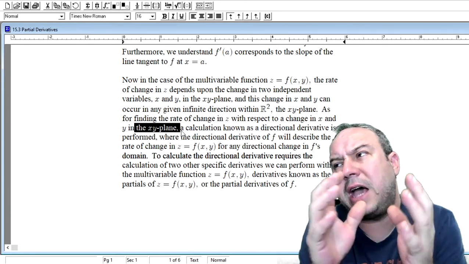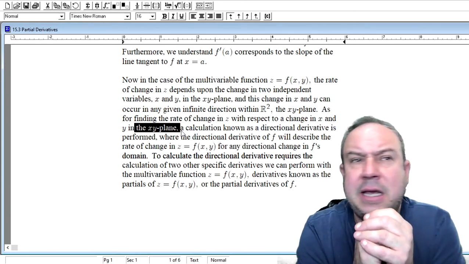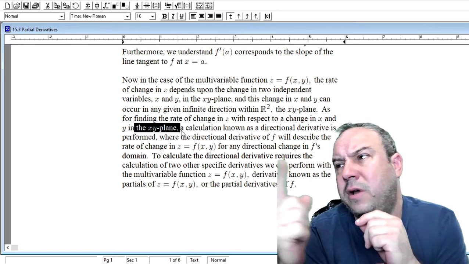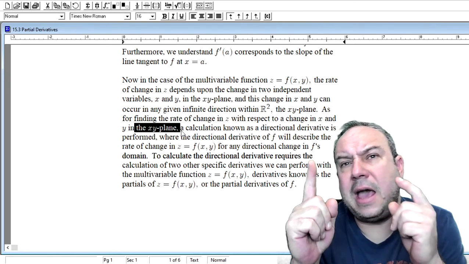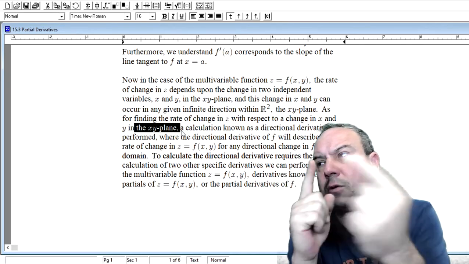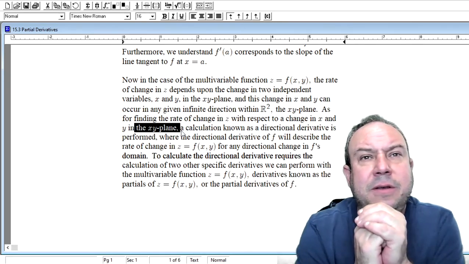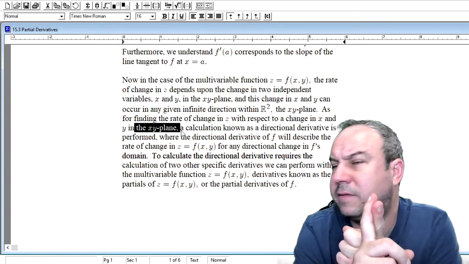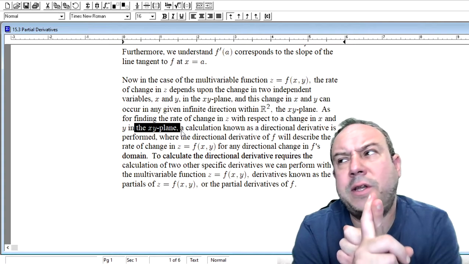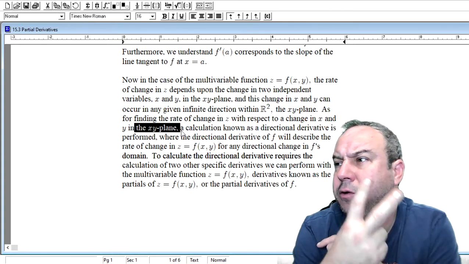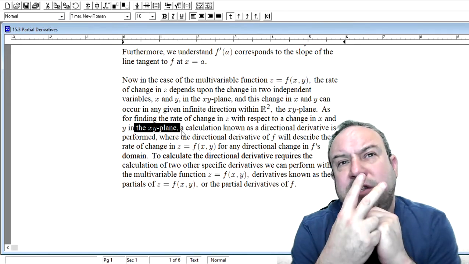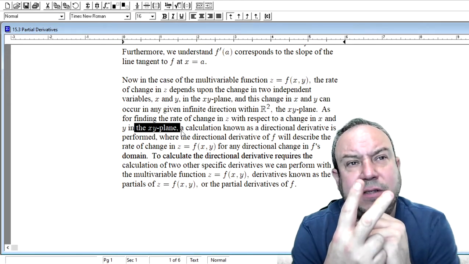So that's what we begin setting up here in terms of derivative calculations. In order to begin examining derivative at a point on a surface moving through in any given direction, we're going to need to rely on the calculation of two very specific derivatives for that surface, known as the partial derivatives of that surface.